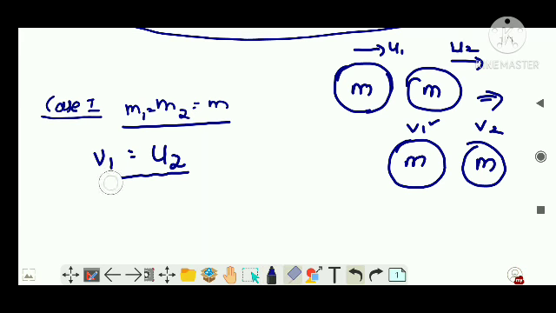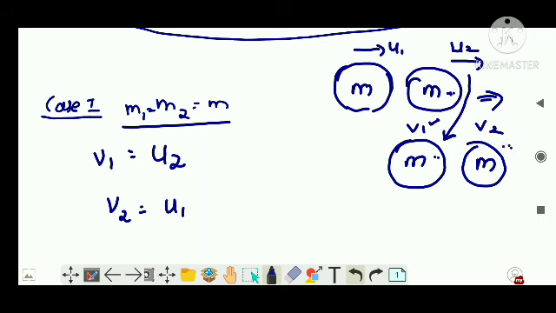That means, if two equal masses are colliding, the second mass's velocity is now carried by the first mass. Listen properly: after collision, the first mass has the initial velocity of the second mass. Similarly, if you put in the values, you will find the final velocity of the second mass is equal to the initial velocity of the first mass.